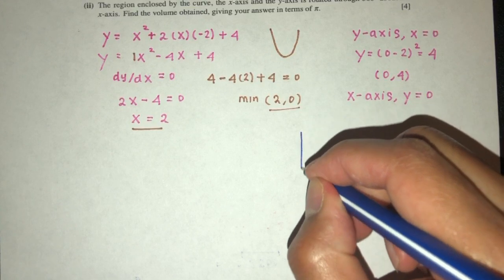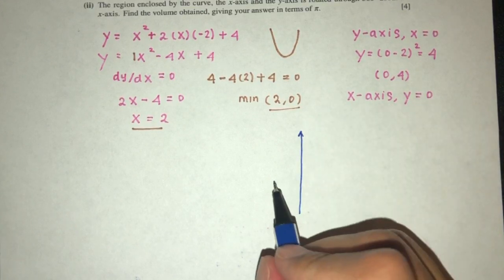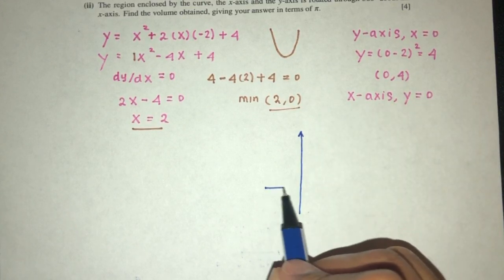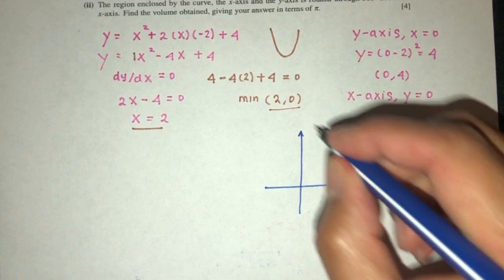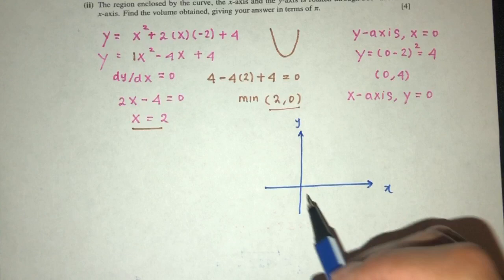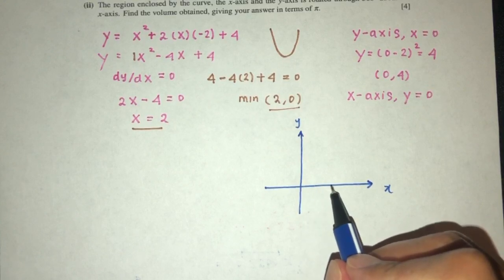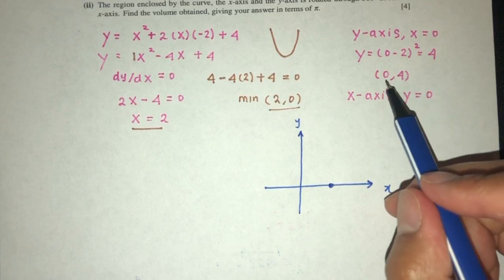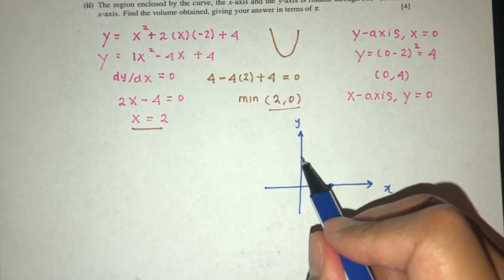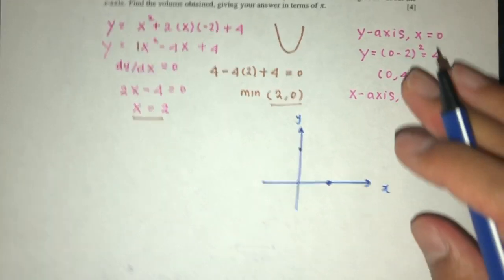So we have the y-axis. This is the x-axis. That will be x and y. Now let's say we have (2, 0) somewhere over here, and then we have the point (0, 4), let's say somewhere over here, right? So let's try our best.